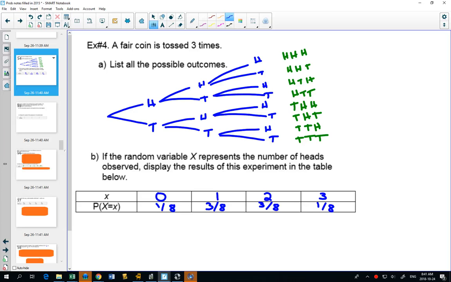Notice us flipping a coin twice in the tree diagram compared to flipping the coin 3 times. For homework, why would it be mean to say, draw the tree diagram if you flip a coin 100 times? It would be a huge tree diagram.